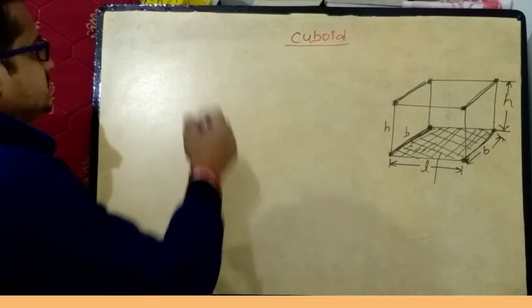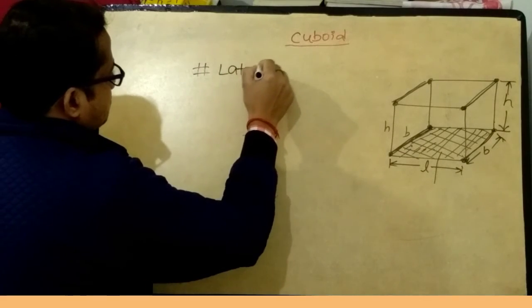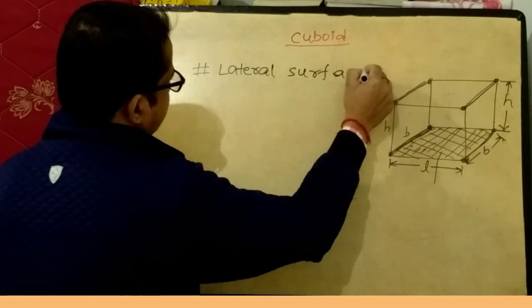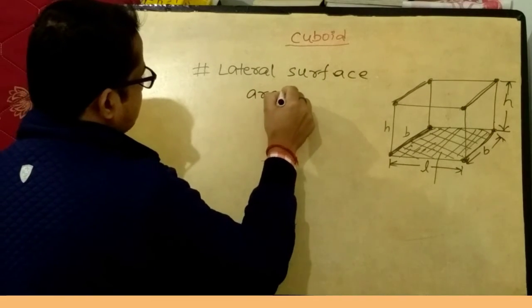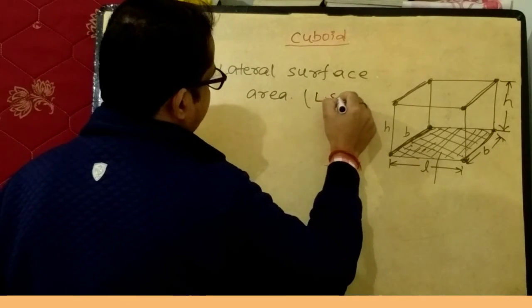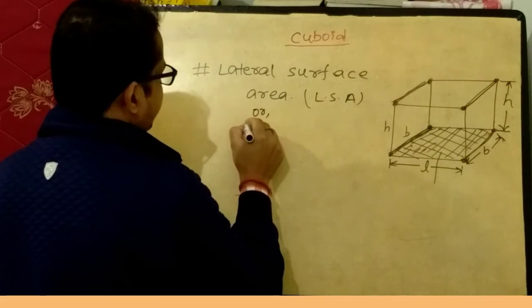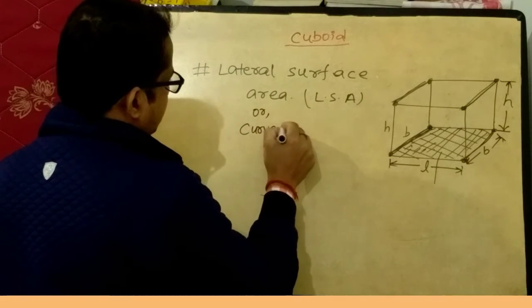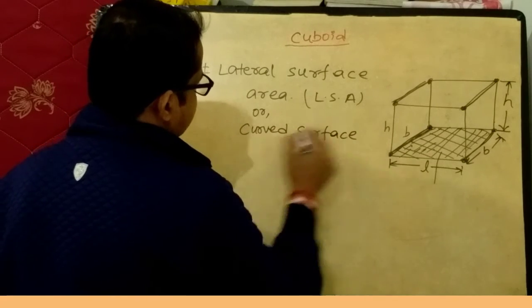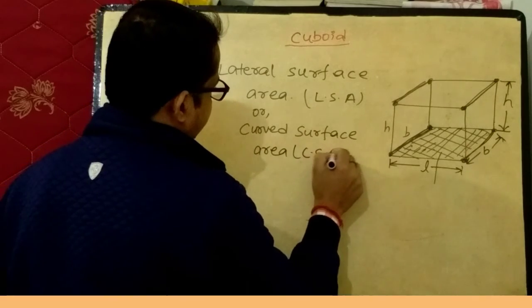Next topic is lateral surface area. This is also written as LSA or simply curved surface area, that is CSA.